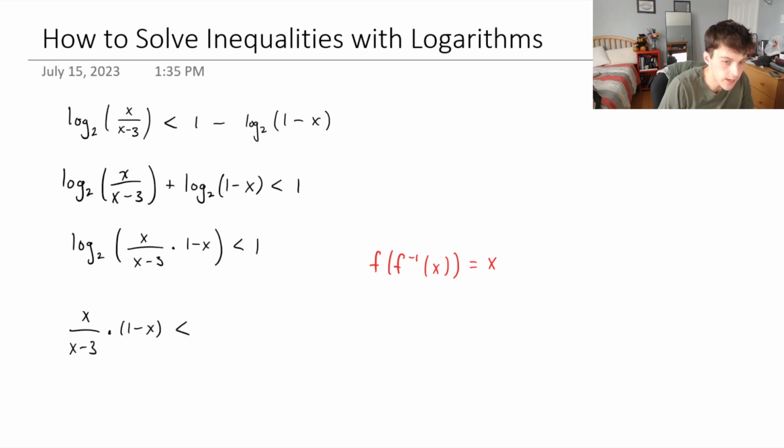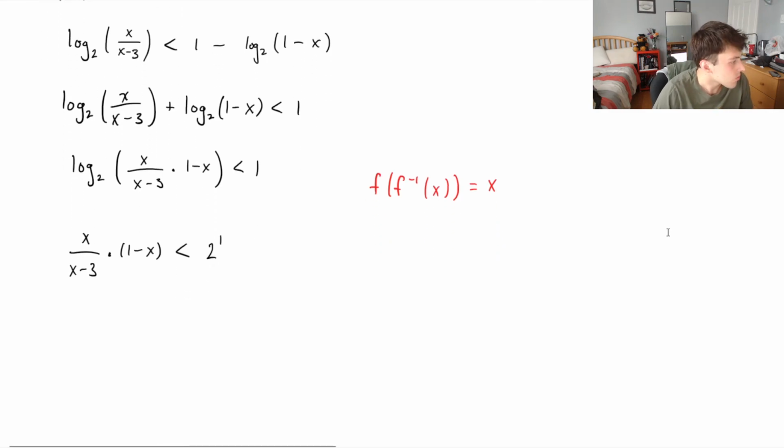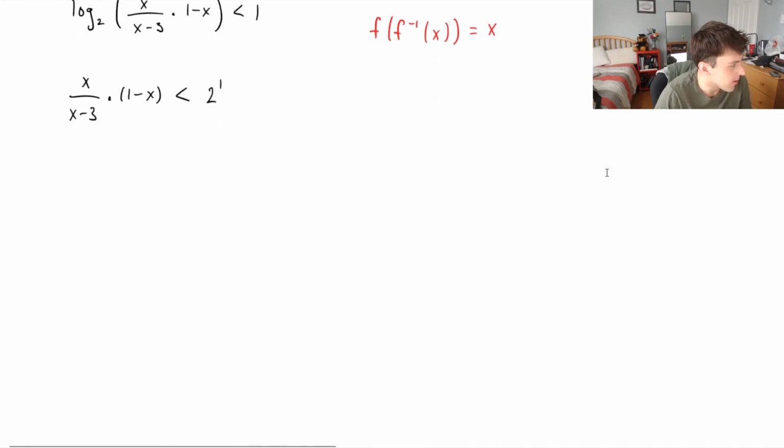And then on the other side, we've got 2 to the power of 1 now. And all of a sudden, it looks a lot easier to work with. So it looks like we've done a fair amount of simplifying with only a couple steps right now.